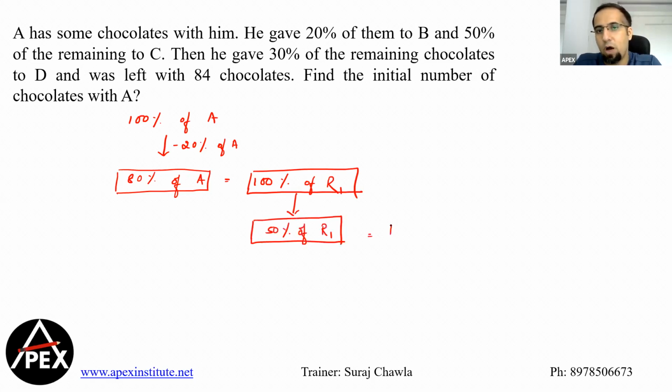Let's say this is equal to R2, and I'm again talking about 100 percentage of R2. And then he gave 30% of the remaining to D, which means from here he gave 30% of the remaining. So finally left out with him is 70% of R2, and as per the question, this is equal to 84. Is this point clear with all of us?